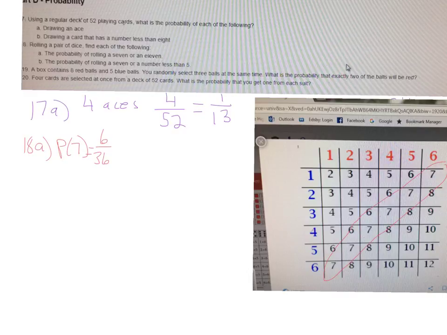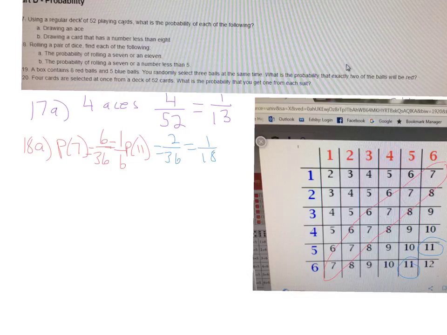So we have a 6 in 36 chance of getting a 7. Now the probability of getting an 11, if we go back to the chart and we look for all the 11s, we see 1 here and 1 here, and that's it. So there's a 2 in 36 chance of getting an 11. So we can make our numbers easier to work with and reduce to lowest terms before we begin.